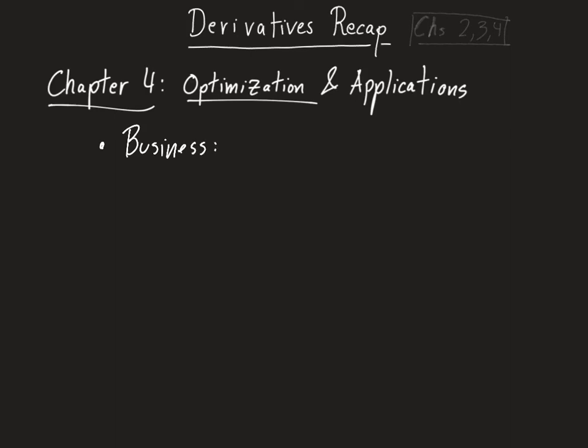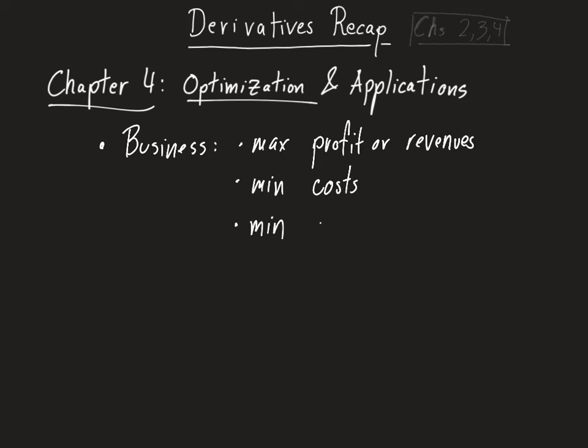So in business, you might want to maximize profit, or revenues. You might want to minimize costs. You might want to minimize operating hours.